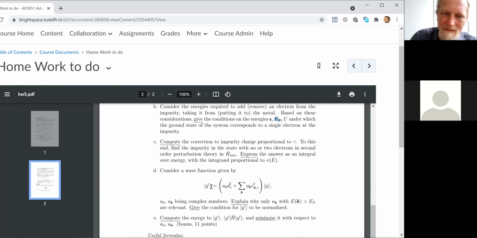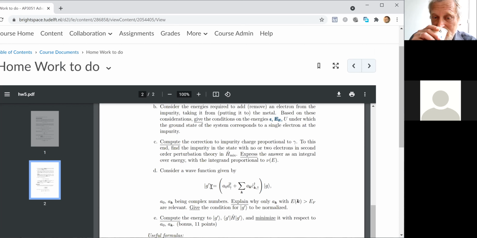Then we do a real calculation which has to be done. It's a relatively simple calculation. We need to compute the correction to the impurity charge in the first non-vanishing order in the perturbation, and that will be second order.